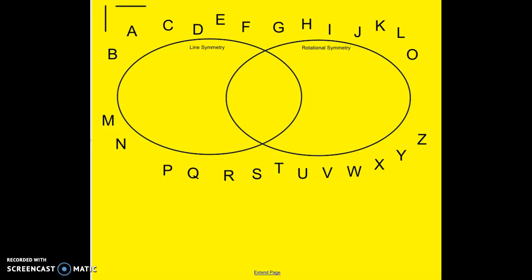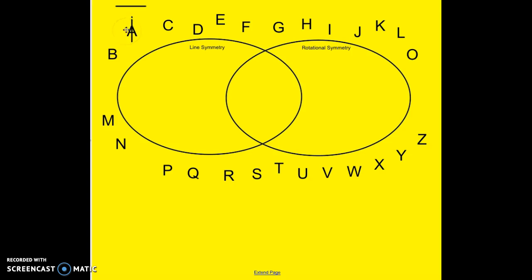All right, now this is fun. If you look at letters, we can look at two things. We can decide if it has line symmetry, rotational symmetry, or it has both. So we'll just do a couple of them here. So remember, line symmetry is when we could take a line, and if it's exactly the same on both sides, it has line symmetry. So this A here, does it have line symmetry?